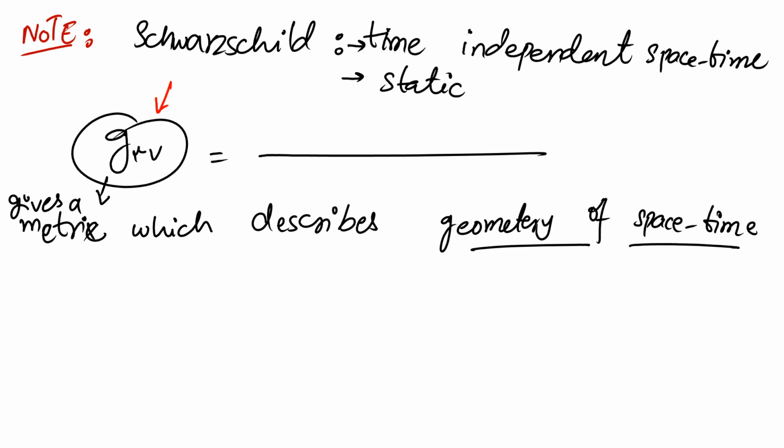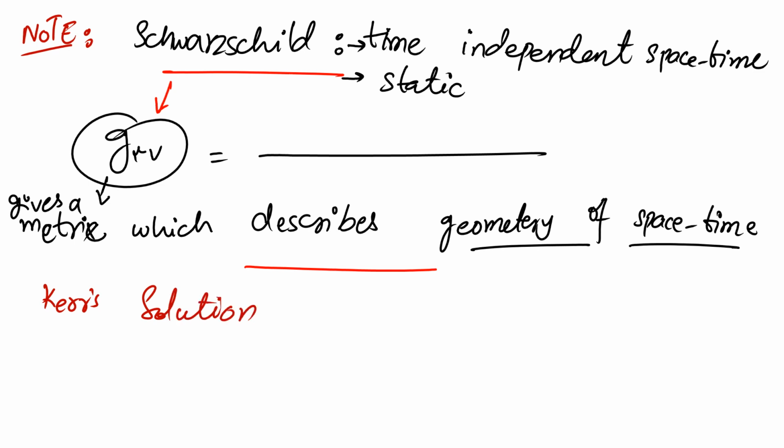As I said before, there are two solutions. One was the Schwarzschild solution and another was the Kerr solution. Instead of static, the Kerr solution is non-static.